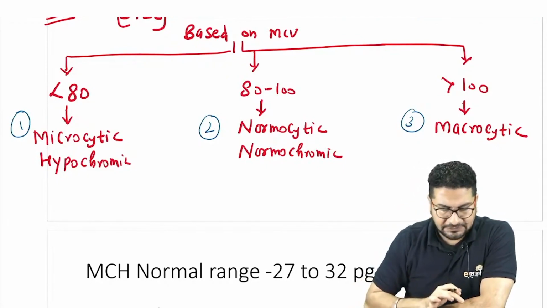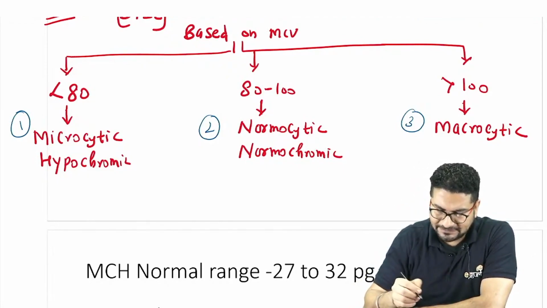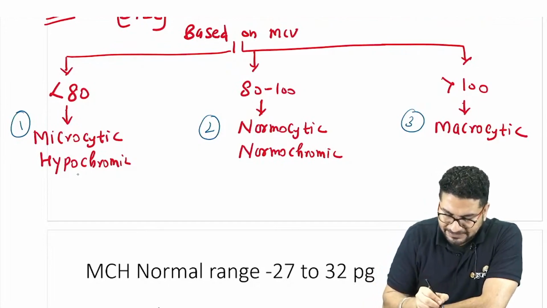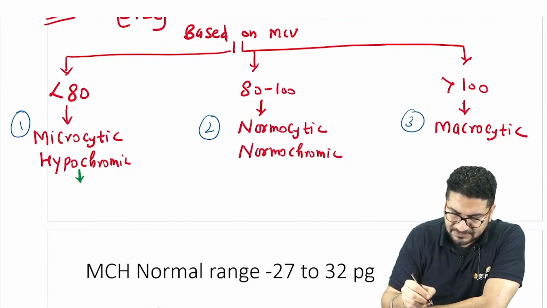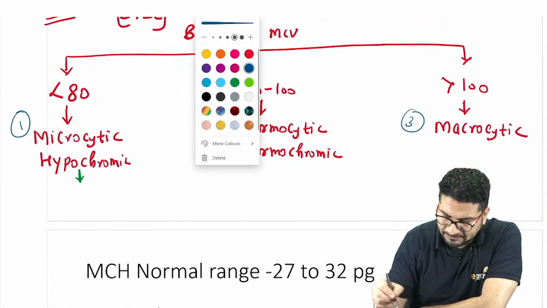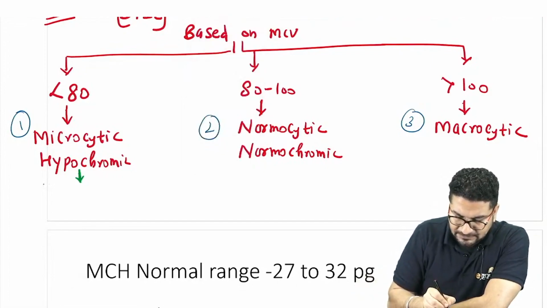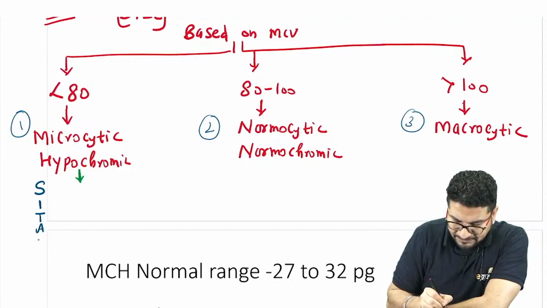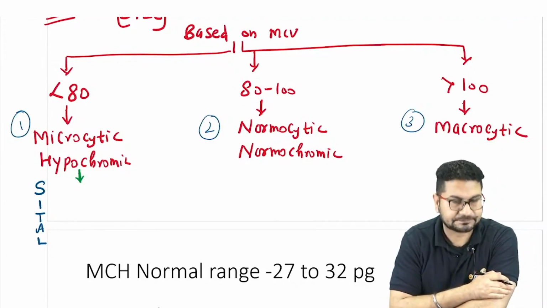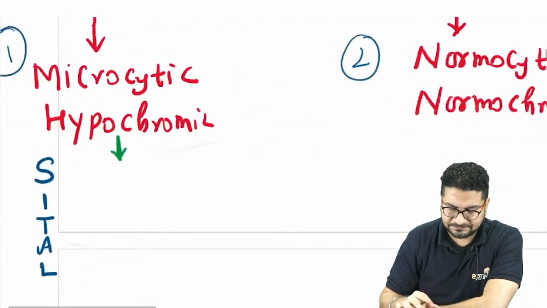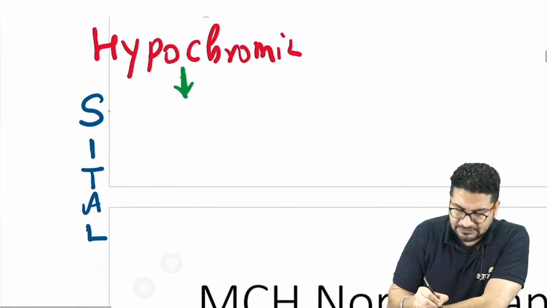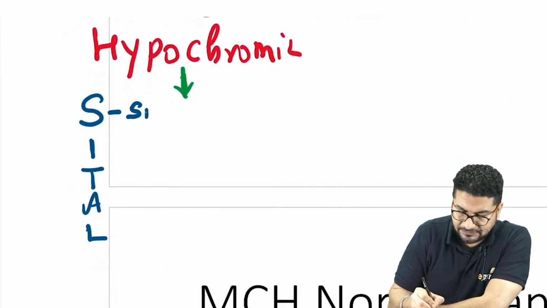Now once you know this, if I say microcytic hypochromic anemia, remember there are 5 anemias included in this category. You can remember them by the mnemonic Sheetal. S stands for Sideroblastic anemia.